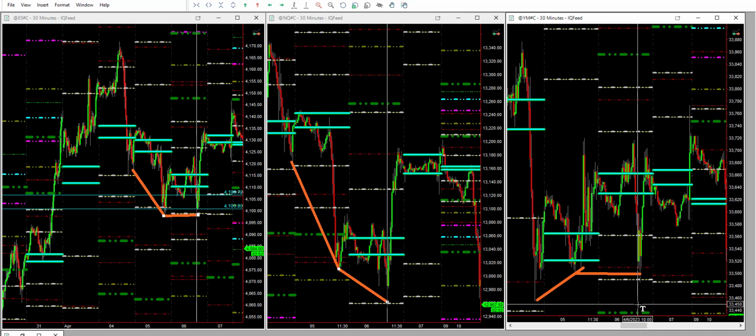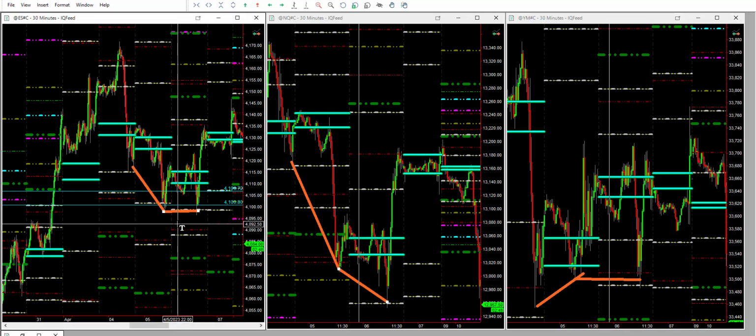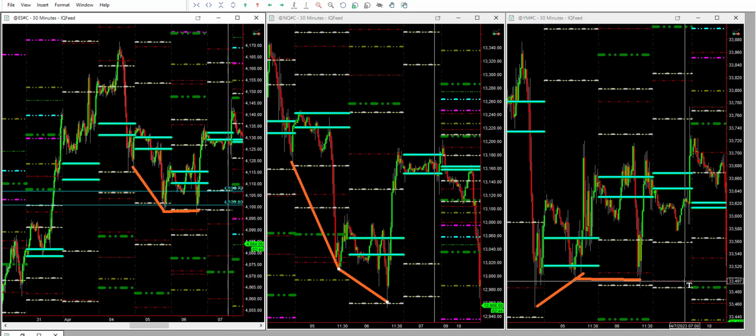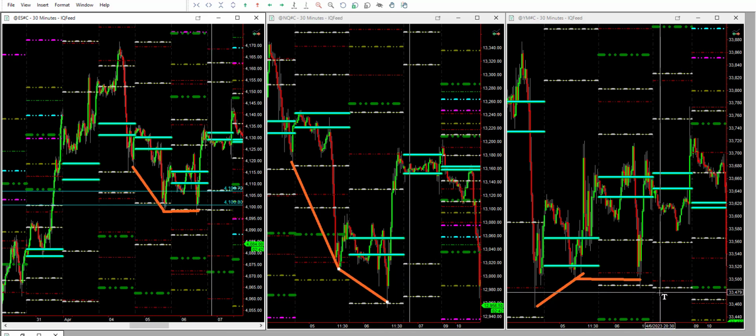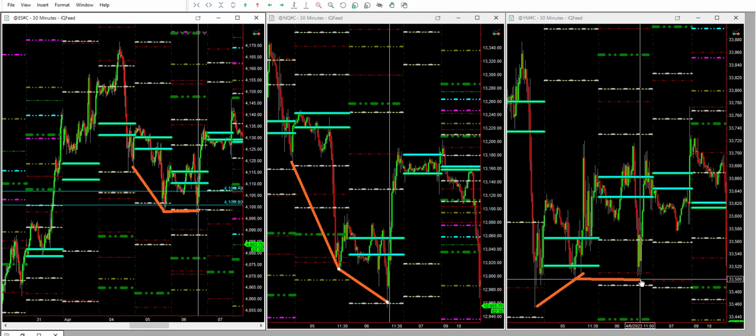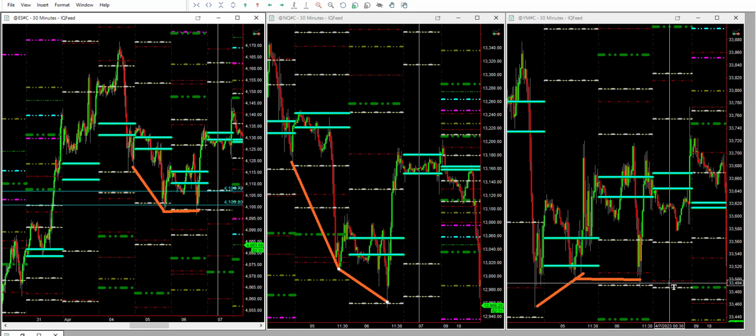The question always becomes, are you expecting the NQ to catch up with the other market, or are you better off, if you're going long, going long the strength. All right.